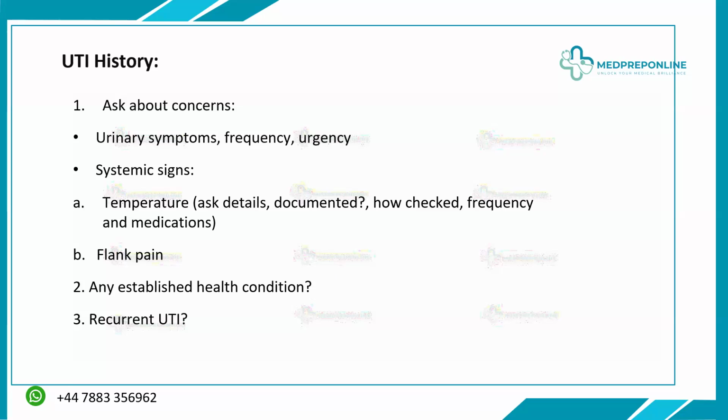And even if it's happening two times, and in one of the episodes it was pyelonephritis, it can also be recurrent UTI. So I will say it again: if there are three or more episodes of UTI in one year, it is recurrent UTI. But even if it is two UTIs in one year, but one of the episodes was pyelonephritis, it also shows recurrent UTI.